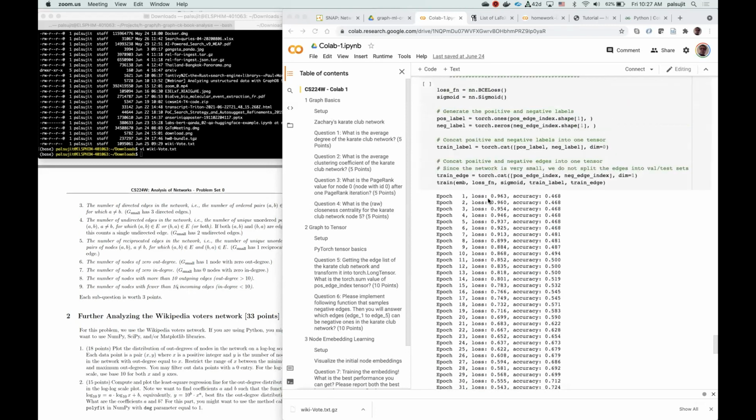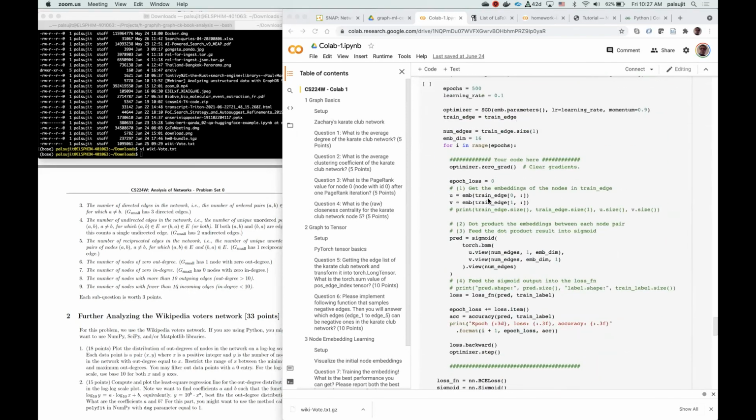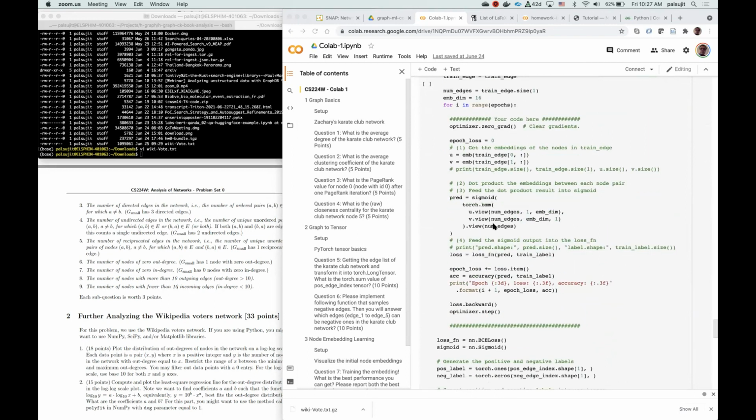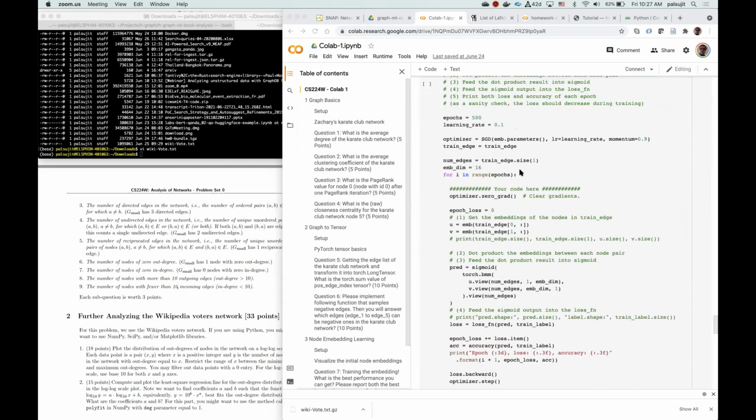For each pair that comes in, you have two node IDs and a label. You create the embedding for this against an initially randomly initialized embedding layer with uniform distribution.